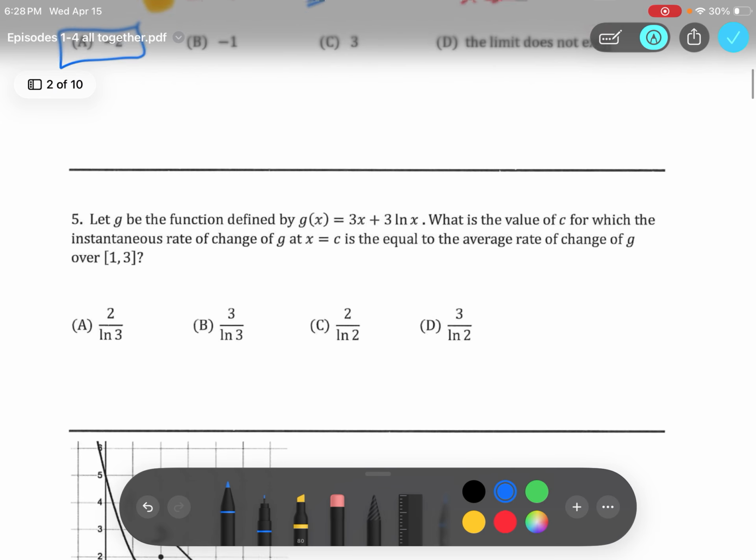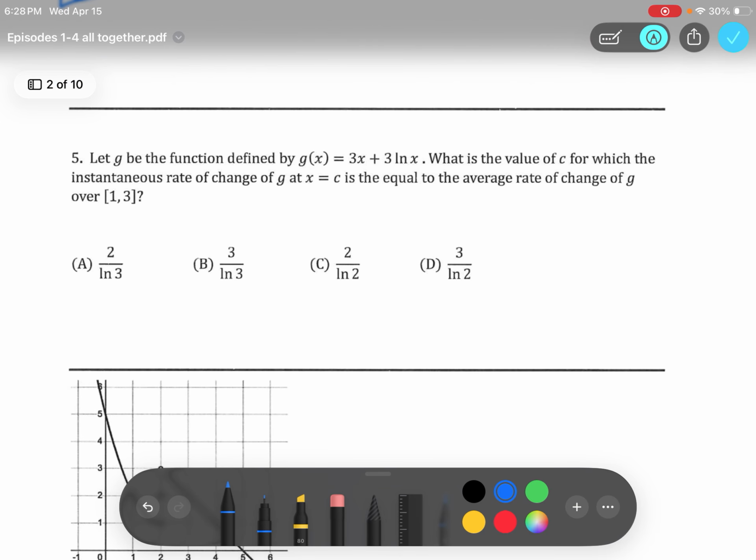Okay, number 5. Let g be the function defined by, and they give us a function here for g. What is the value for c at which the instantaneous rate of change is equal to the average rate of change? Okay, so we have to think about what the instantaneous rate of change is.